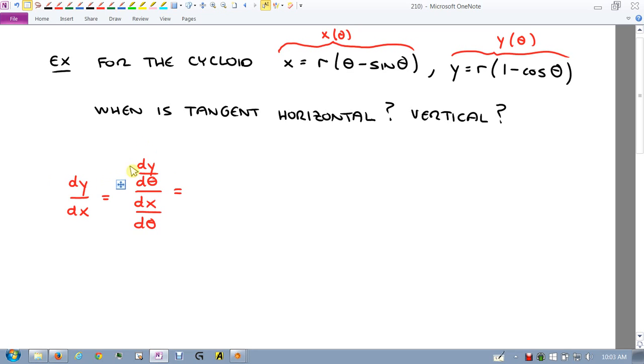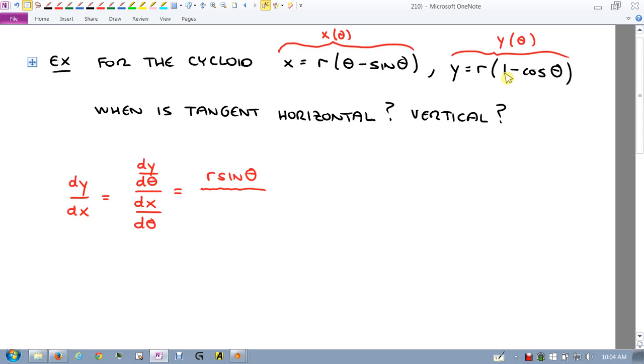So what is the derivative of y with respect to theta? So r is a constant, so just leave it here for now. What's the derivative of the inside here? What's the derivative of this? Just sine theta, and then you have an r in front of it. So r sine theta over, now be real careful here, what's the derivative of the inside of this? 1 minus cosine theta, because derivative of theta is 1.